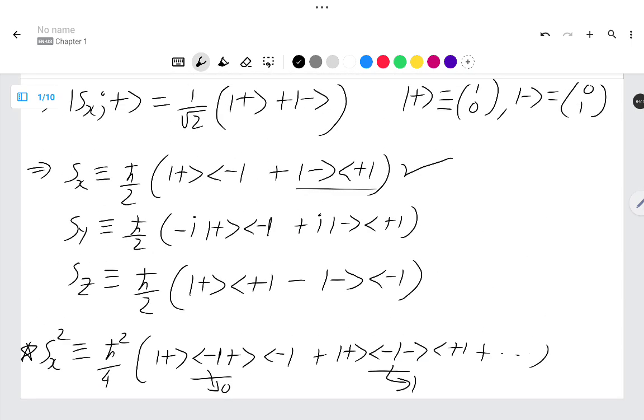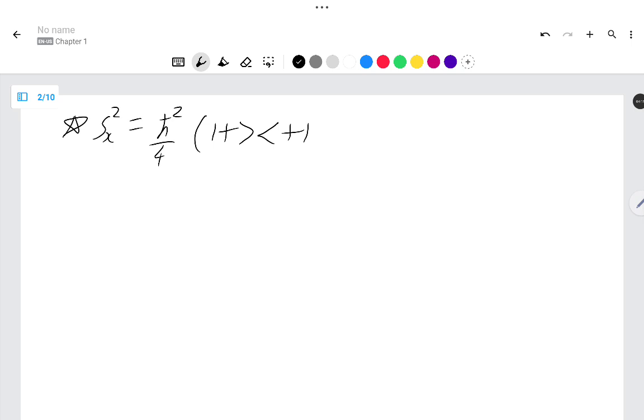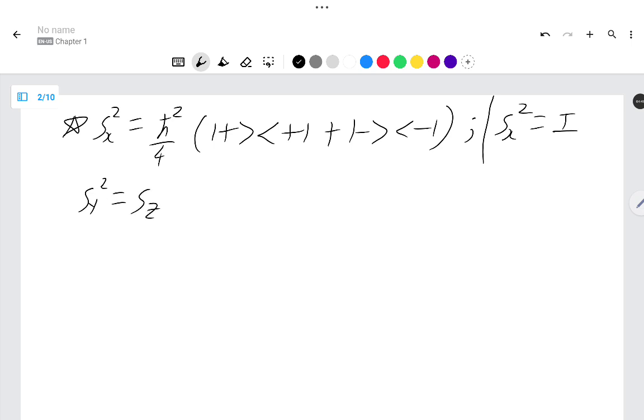So there is plus plus, plus minus, this is plus here. So you do this twice, you're not doing anything. It's identity. Same goes for the others as well. So I square is x square. This can be easily checked, you'll get the same answer, right?